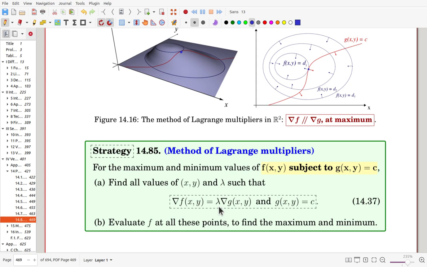It doesn't mean it has a unique solution because it's non-linear. It can be more than one. However, we can determine a finite number of solutions. Among all these solutions, we can measure the function value, and we can decide the maximum and minimum. That's the idea for the method of Lagrange multipliers.